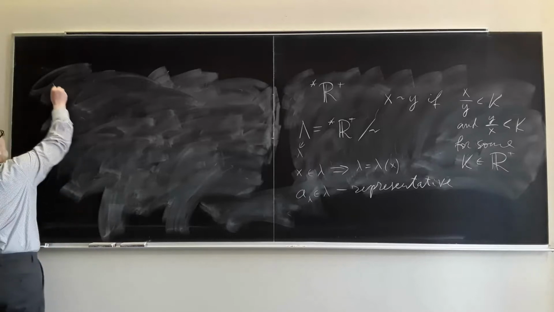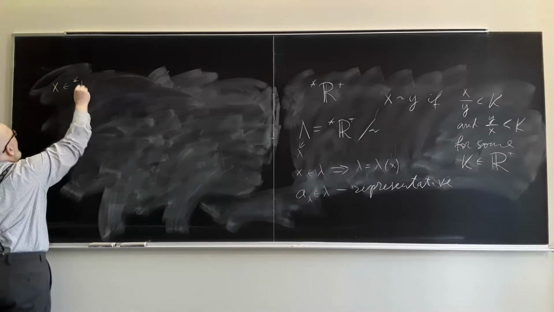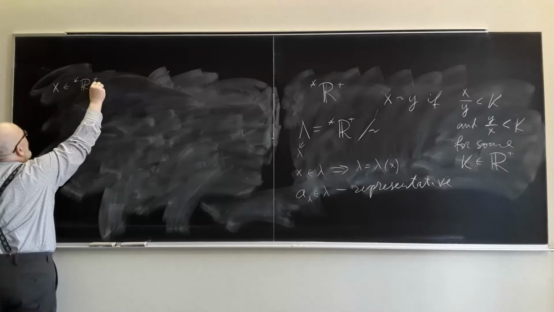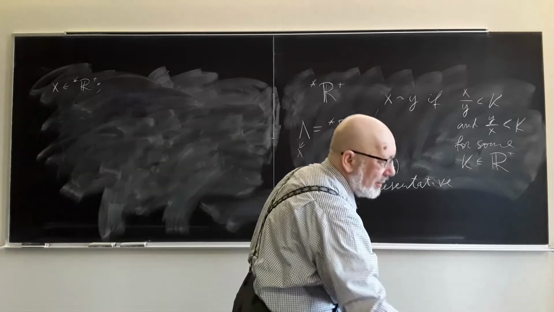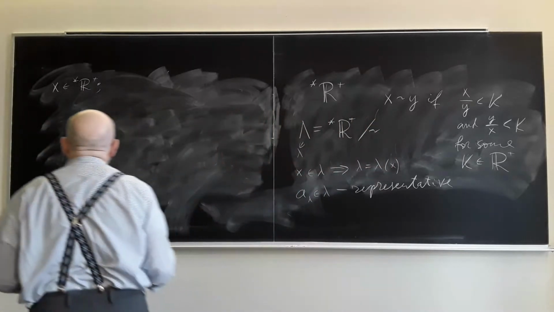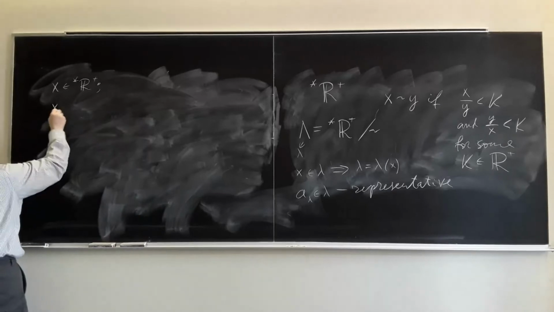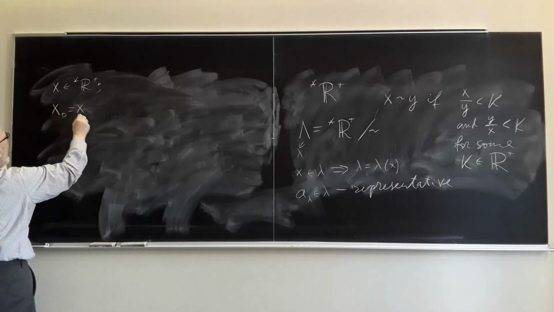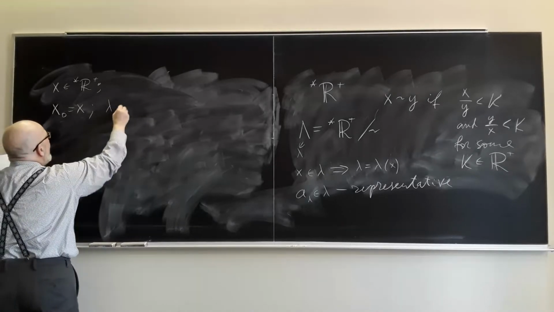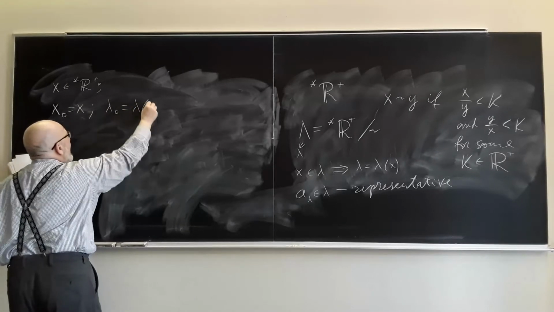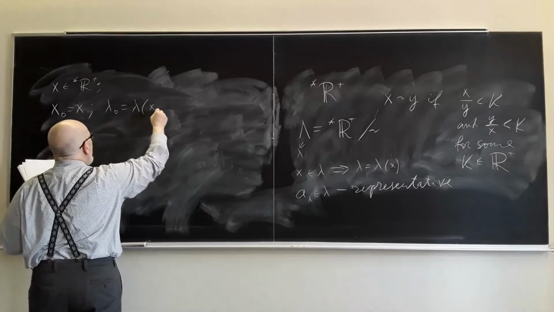We take x in star R plus and write the following sequence. x0 equals x, lambda 0 is lambda of x0.